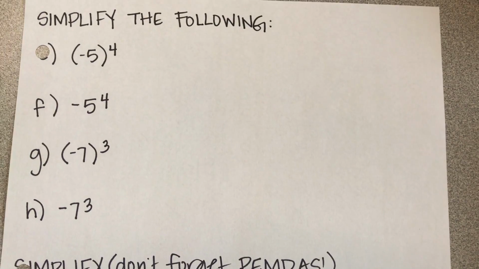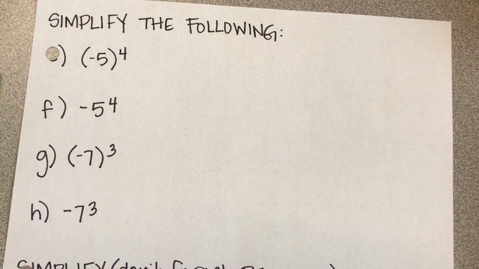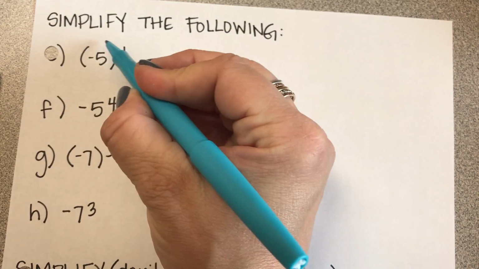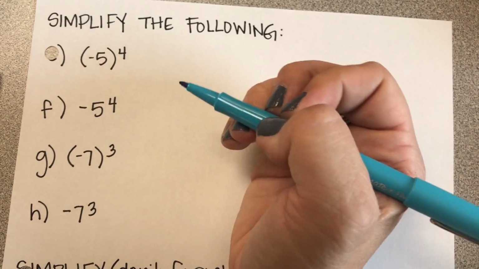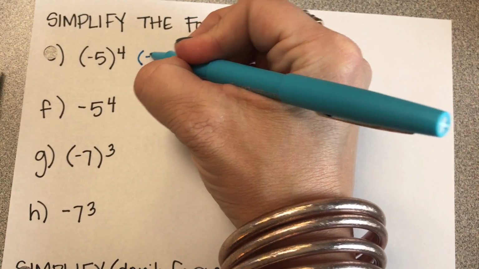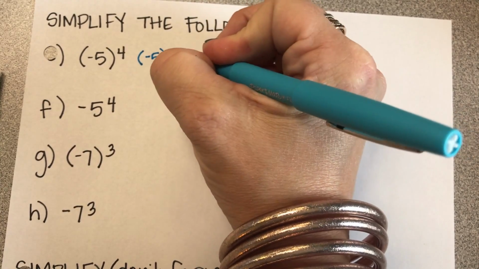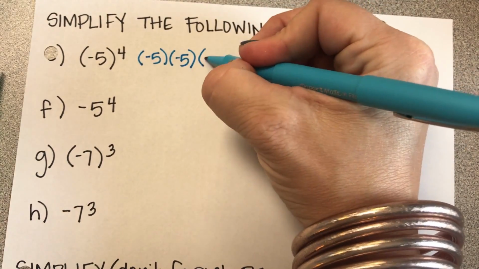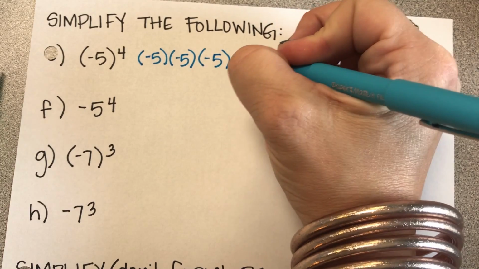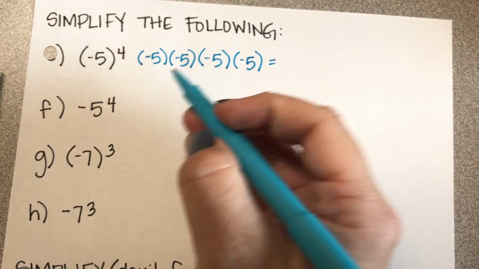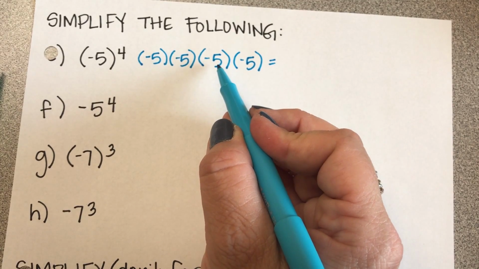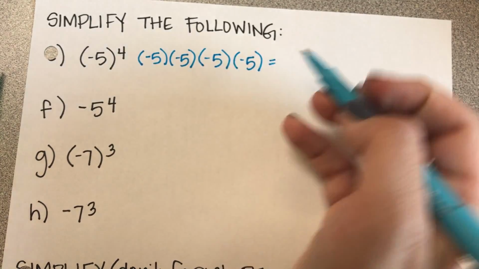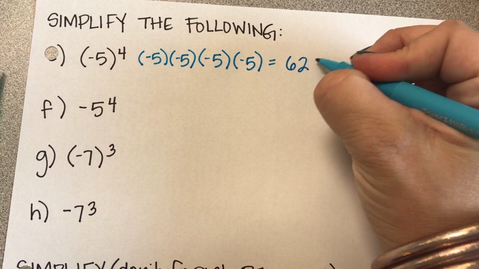So on to this next page. If you have negative 5 to the 4th power, it means that this entire thing, this whole parentheses, is being raised to the 4th power. It means that it's negative 5 times negative 5 times negative 5 times negative 5. 5 times 5 is 25. 25 times 5 is 125. 125 times 5 is 625.